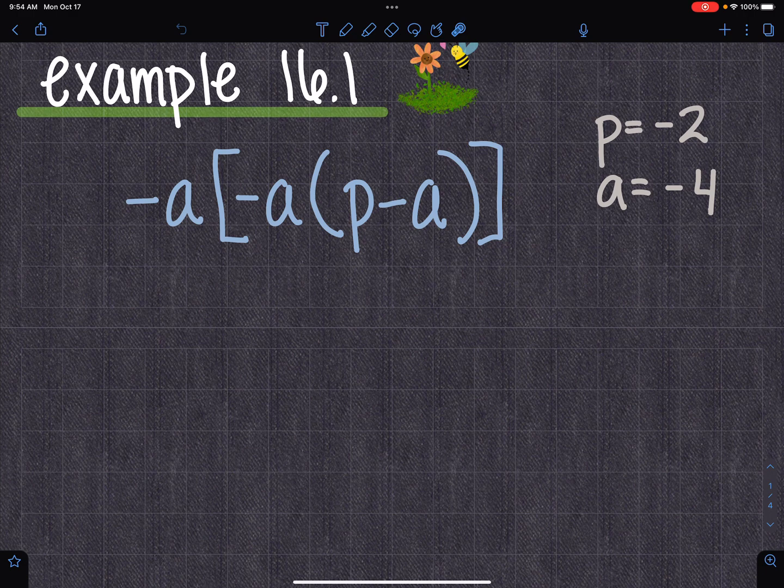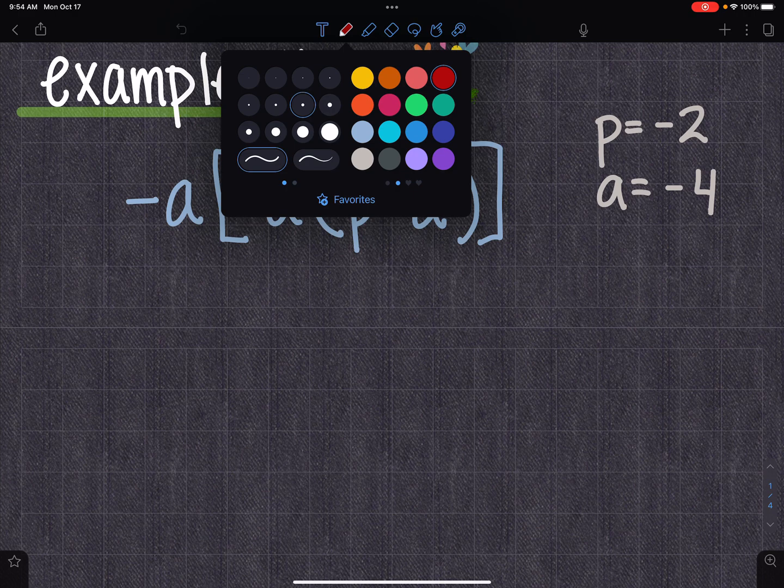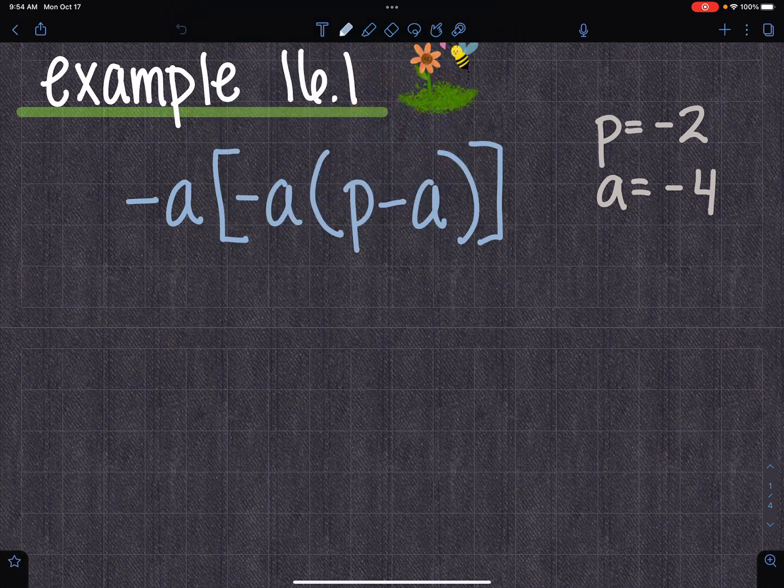Let's try it. What they're going to have us do is use the parentheses, brackets, and braces first without plugging in any numbers. So we're going to rewrite the problem, but just with a ton of parentheses.